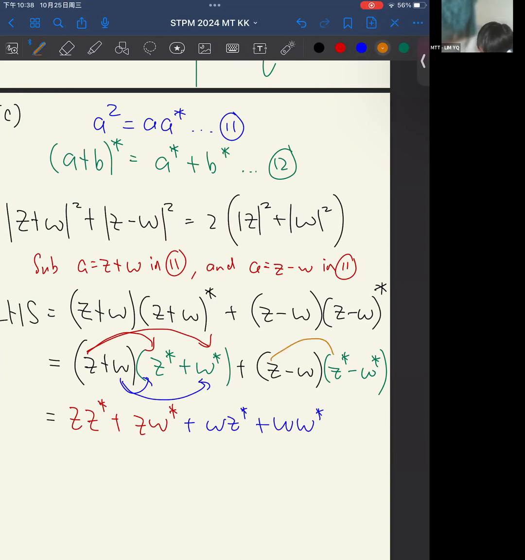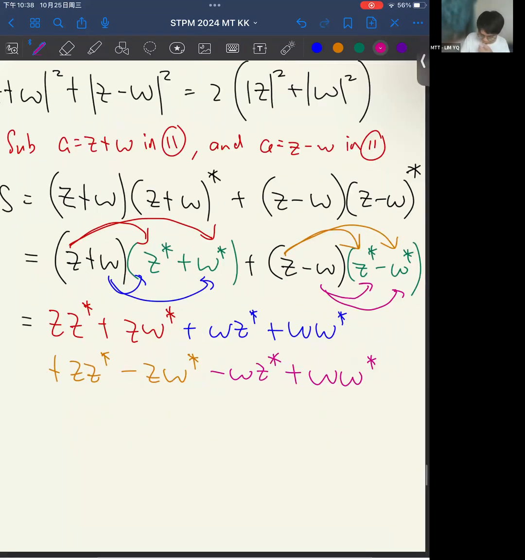Next, Z Z conjugate minus ZW conjugate, and then last one, minus WZ conjugate and plus WW conjugate.